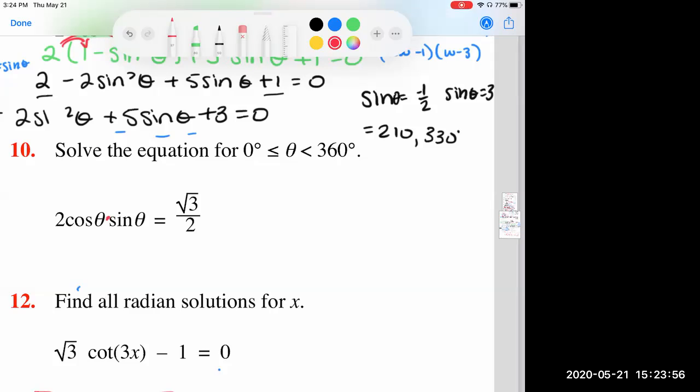All right, so let's look for an identity. We can do that when it's equal to 0, but not when it's equal to a number. That's the problem. All right, pulling out our identities. Which one does that look like? 2 sine A cosine of A. Oh, that looks like a double angle identity, right?